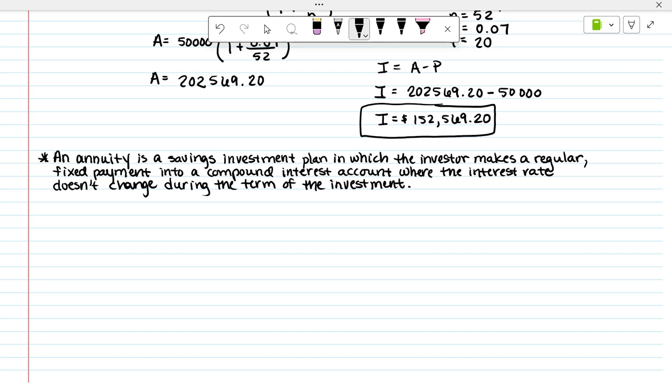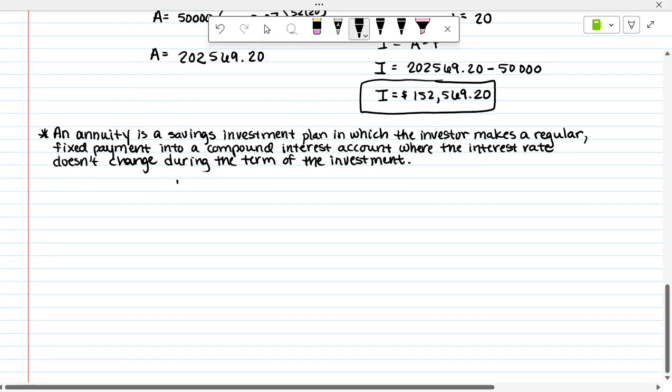Let's look at the formula for finding the future value of an annuity. Now this one gets a little messy, guys.